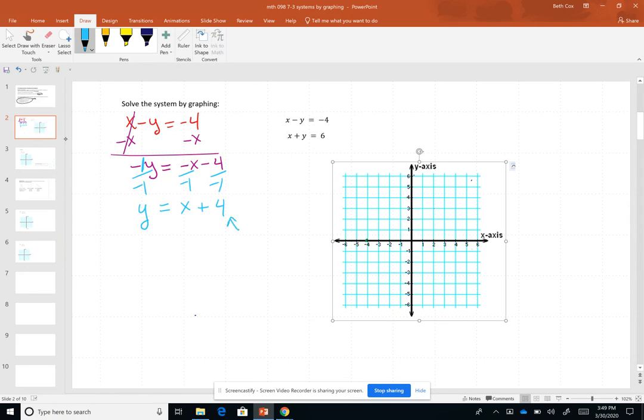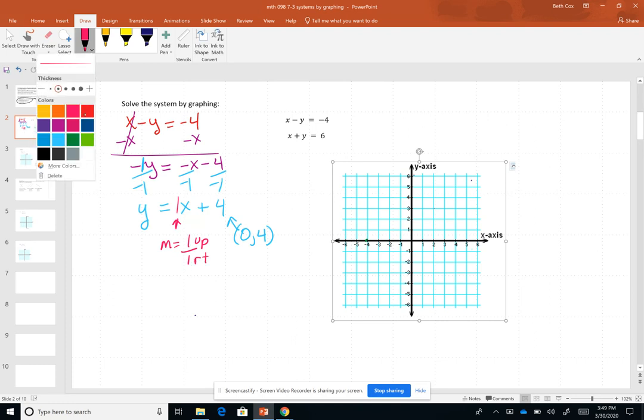So now to graph this, that's the point 0,4, and then my slope, again, there's a 1 right here. My slope is 1, which is 1 over 1, which would be rise up and run right. All right, so let's graph this line. I'm going to graph it in the red.